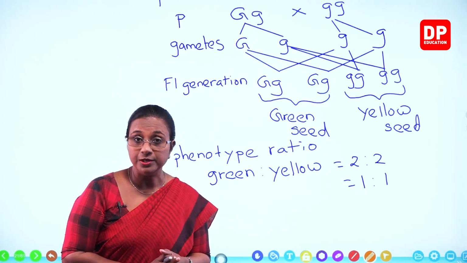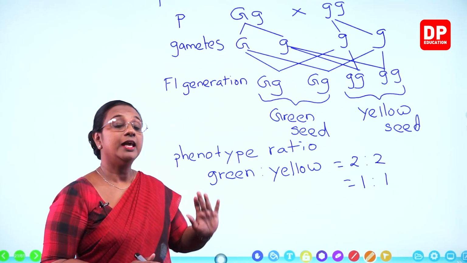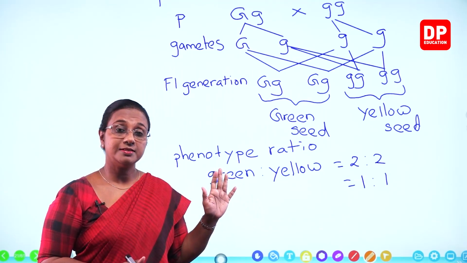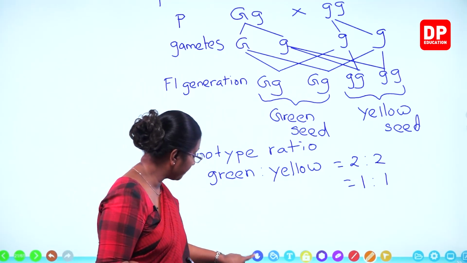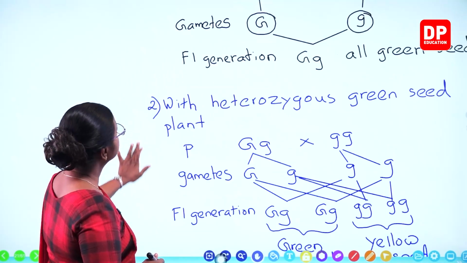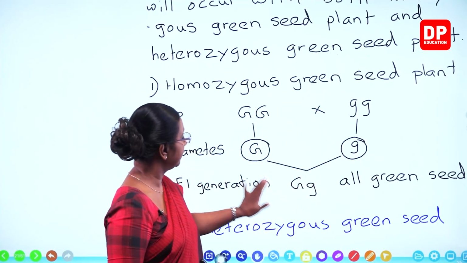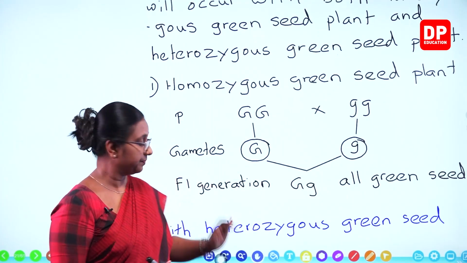So then what do we do? This is the theoretical part that we have calculated. If the green seed plant is homozygous, that is capital G, capital G, then all the plants in the first generation should have green seed.